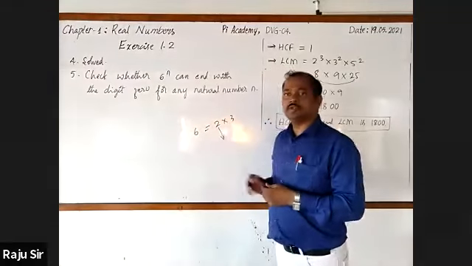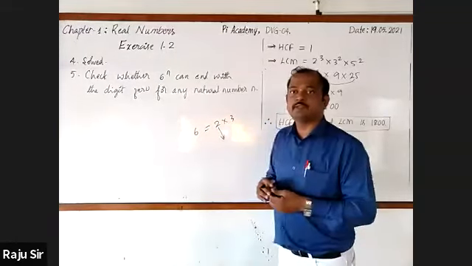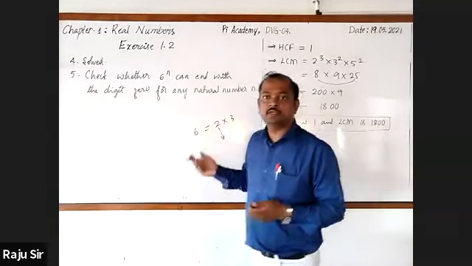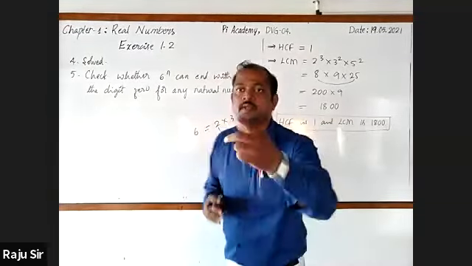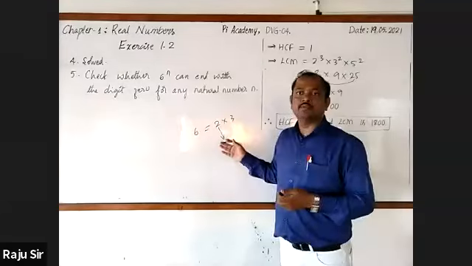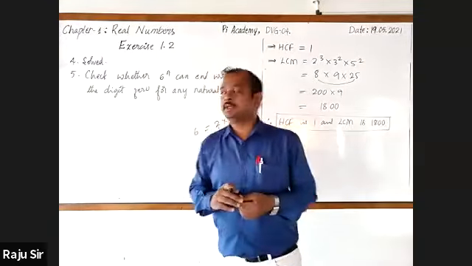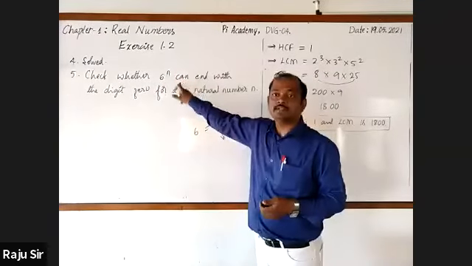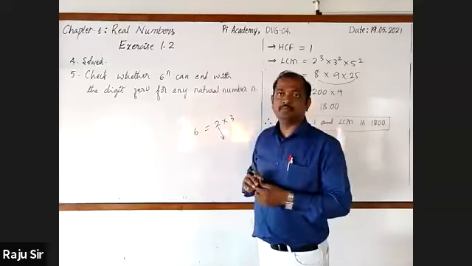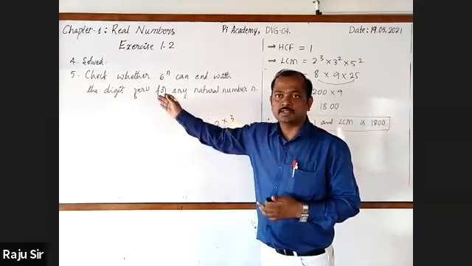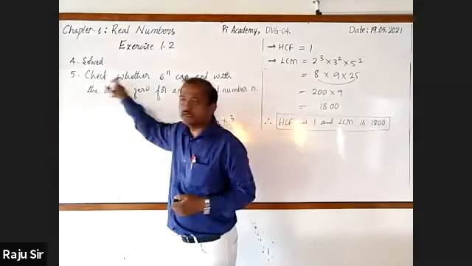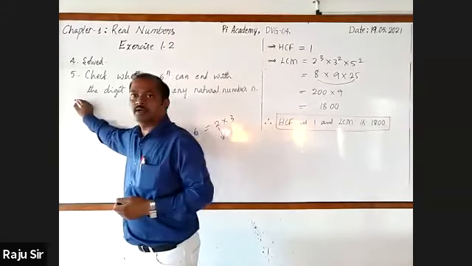Here there is only 2, there is no other factor 5. So according to the uniqueness in the fundamental theorem of arithmetic, this number does not end with 0.